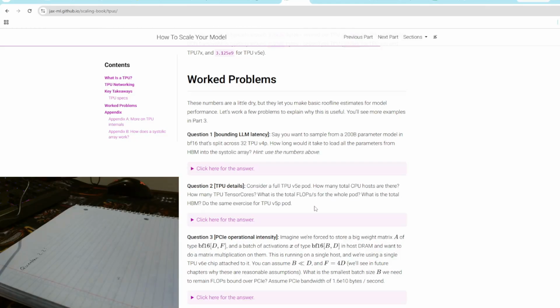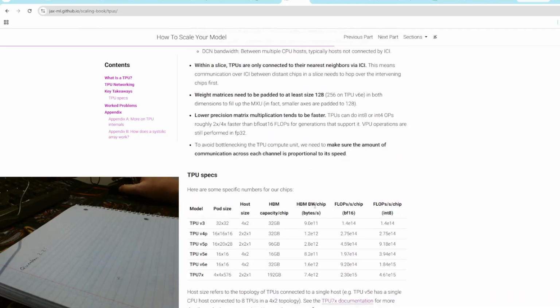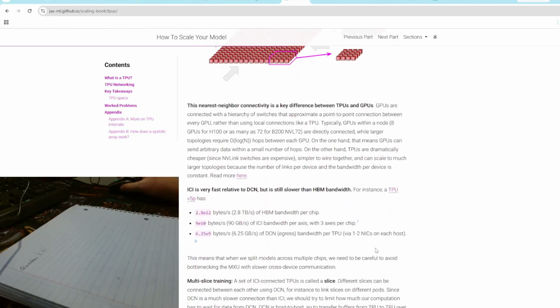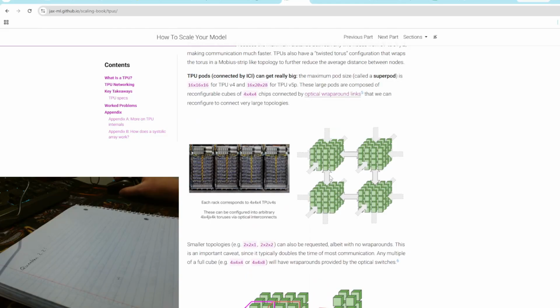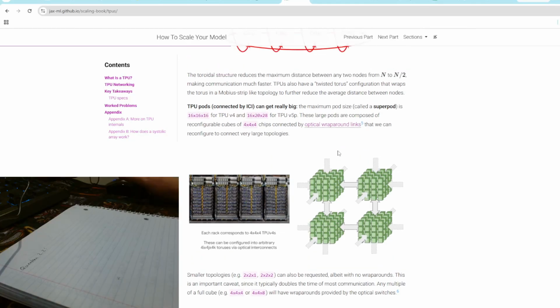Okay, so right off the bat, I'm assuming it's a 4 by 4 array, right? Isn't every single pod 4 by 4 by 4? Oh, that'd be more than 16 then, right? The maximum pod size.